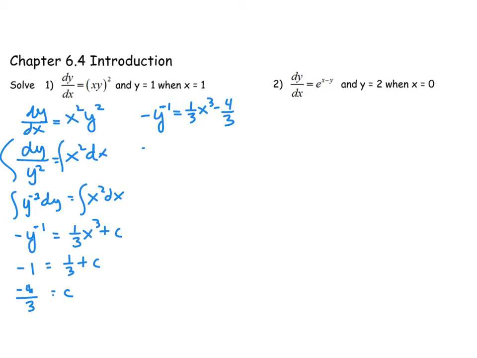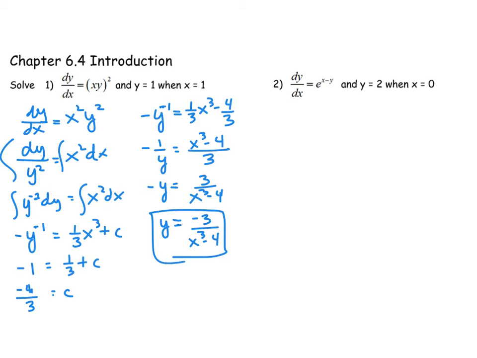This is negative 1 over y equals, and I'm going to put it over a common denominator, x cubed minus 4 all over 3, so that now I can take the reciprocal of both sides and get negative y equals 3 over x cubed minus 4, which means y finally will equal negative 3 over x cubed minus 4.